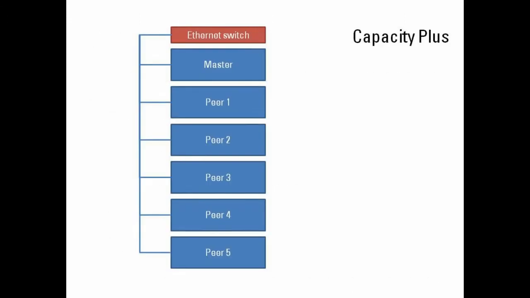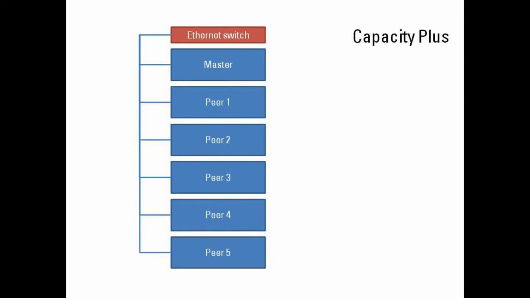In order to understand how Linked Capacity Plus works, we have to understand how Capacity Plus works. Linked Capacity Plus is based on Capacity Plus, and therefore there is some interoperability between the two. A Capacity Plus site consists of up to 6 trunked repeaters with the option of additional dedicated data revert channels.